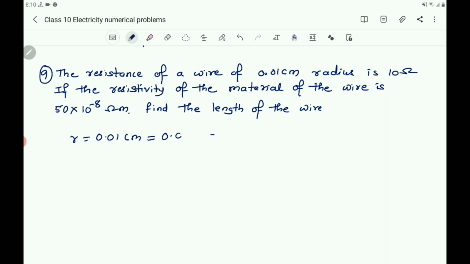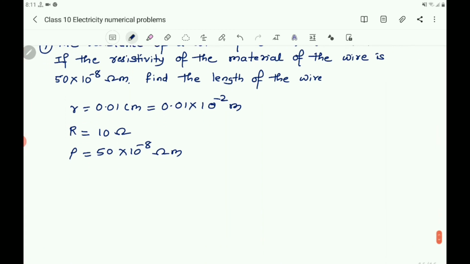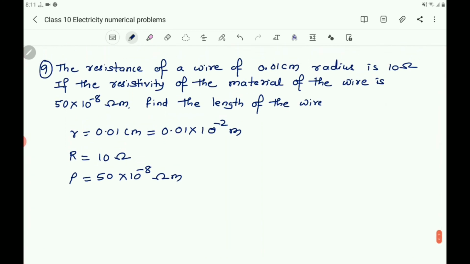So you write 0.01 into 10 power minus 2 meter. Then R equals, that is resistance equals 10 ohm, and the resistivity equals 50 into 10 power minus 8 ohm meter.